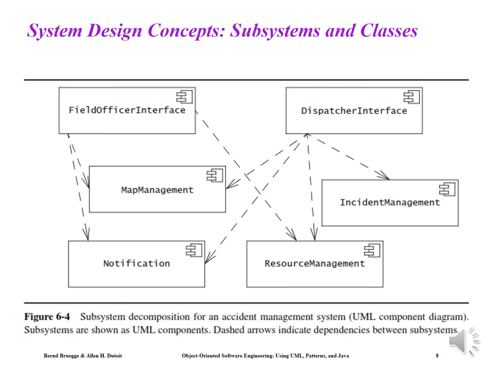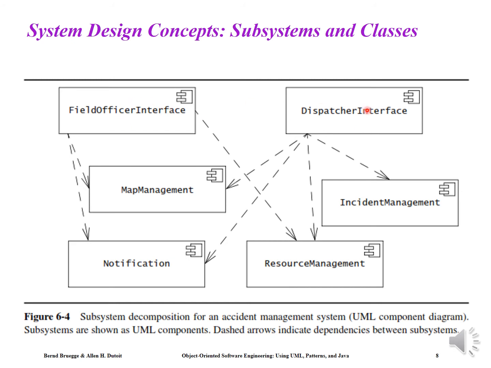So, subsystem decomposition for the accident management system, which we discussed previously also. Subsystems are shown as UML components, as this notation is for a component, and dashed arrows indicate dependencies among subsystems. So the dispatcher interface, which is a user interface for the dispatcher, and the field officer interface subsystem, which is the user interface for the field officer.